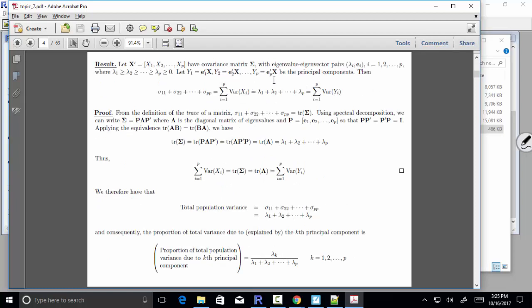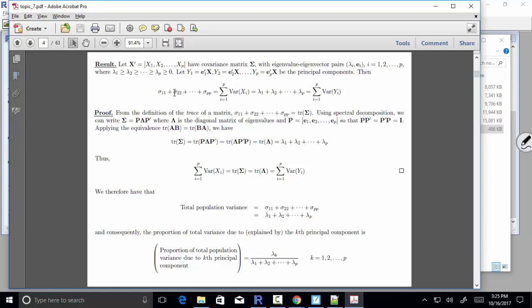Let me show you a result, and then we'll look at a real data set. So this is slide 4, and what we have on slide 4 is that the total variance of our data, if you think of the covariance matrix capital sigma, in its diagonal elements are the variances of each of the variables. Row 1, column 1 is the variance of variable 1, and so on.